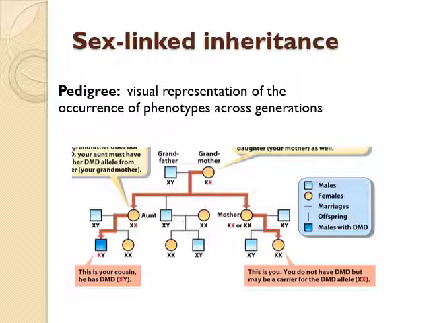But pedigrees are a visual representation of the occurrence of phenotypes across generations. So usually males are represented by a box, females are represented by a circle, and the lines in between are marriages, right? And then you have offspring usually going vertically down.